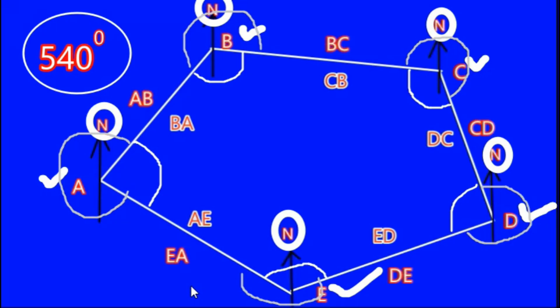Now, what is the basic reason for using a prismatic compass and creating a traverse, right? For that, we will have to come back to the chaining part, where we use the chain.